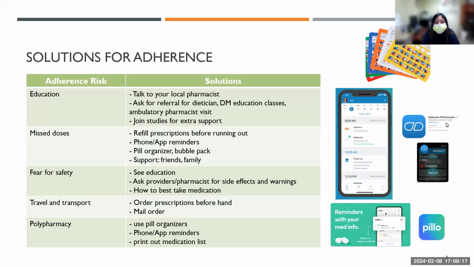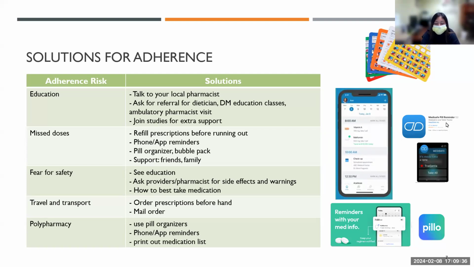So for example, starting with education, let's say you want to find out if you're taking your medication correctly. Do I need to take it with food? Do I need to take it in the morning or in the evening, or time it a certain time before eating a meal? All these questions are really great for your local pharmacist.